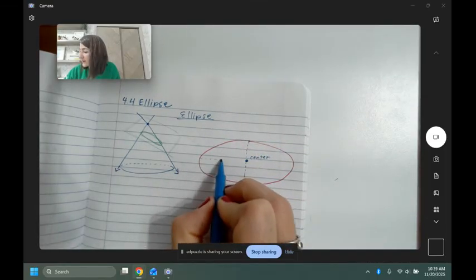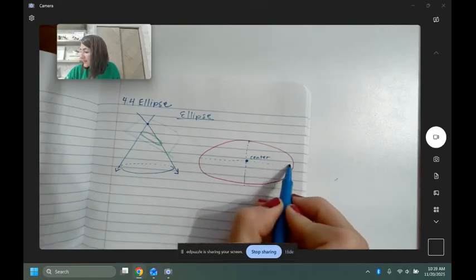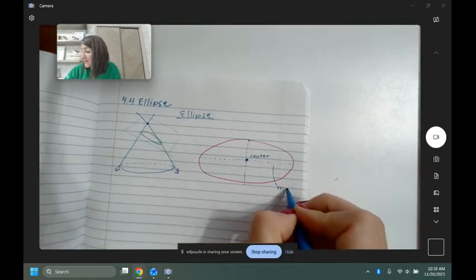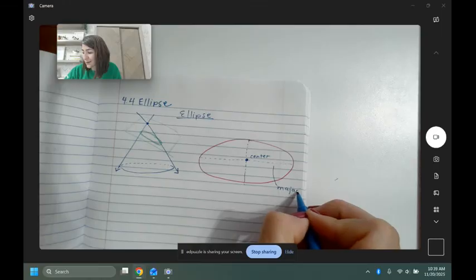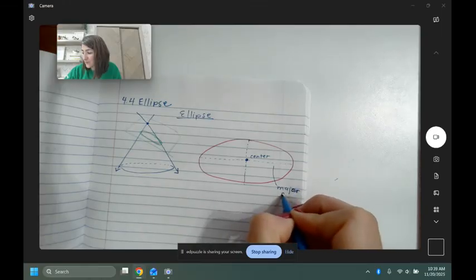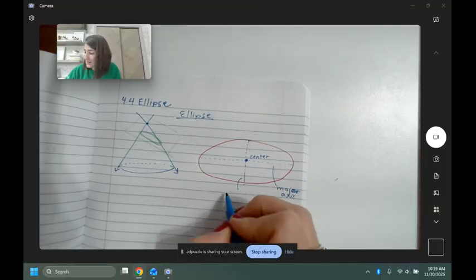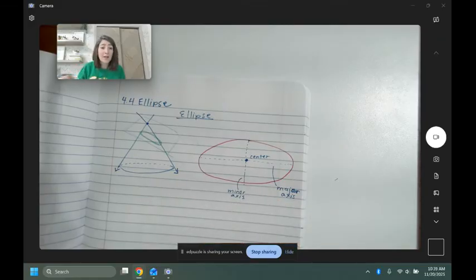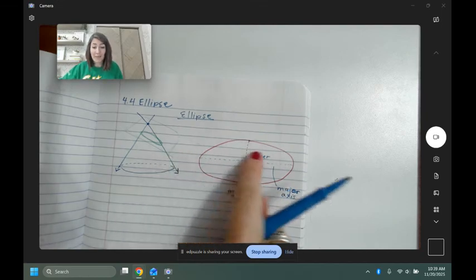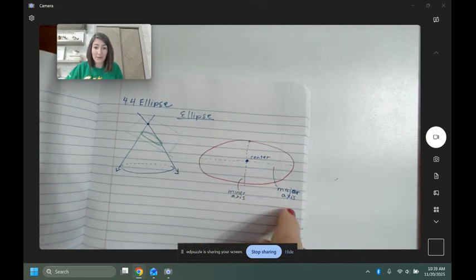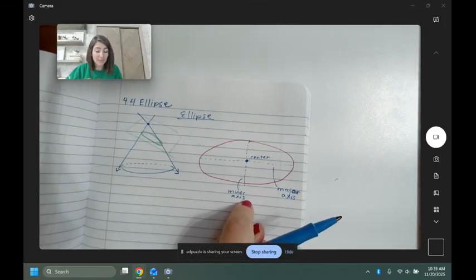This is the major axis because it's bigger. Major axis. This one's called the minor axis. It's a circle if the minor axis and the major axis are equal. But generally, the ellipses we're going to be dealing with will have a major and a minor.